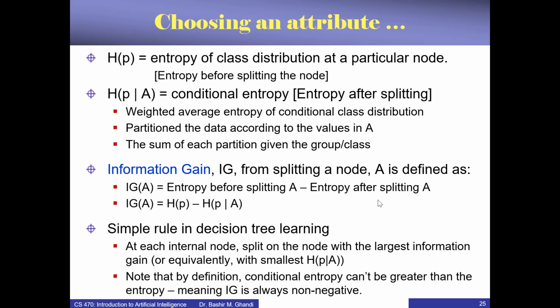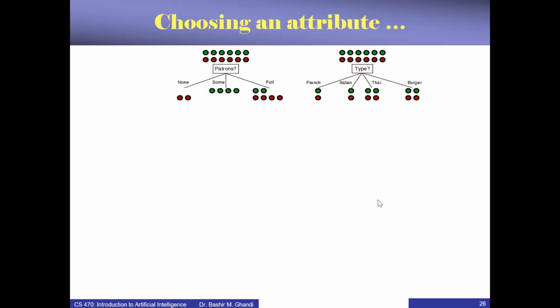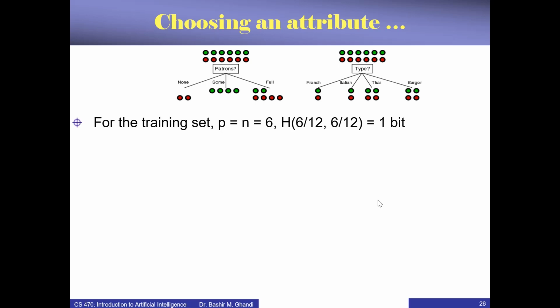So to see how to compute the information gain, let us go back to our examples of these two attributes, patrons and type, and compute their information gain based on what we have just explained in the last slide. First we note that for each of these attributes, if you count the number of positives and the number of negatives before we do the splitting, it is the same.